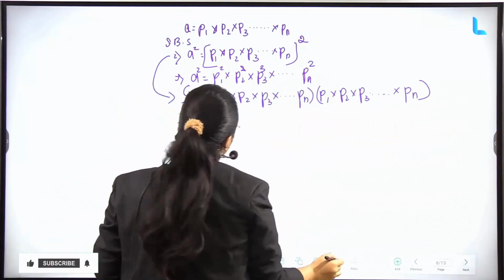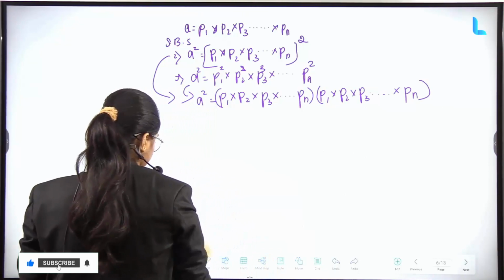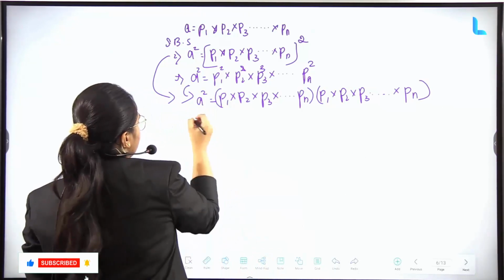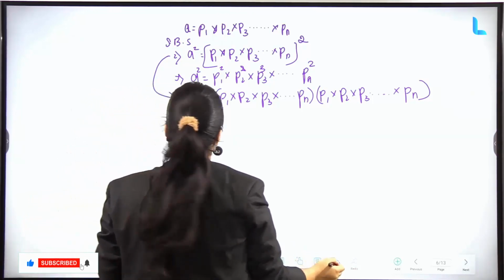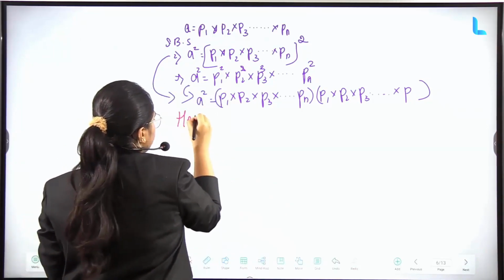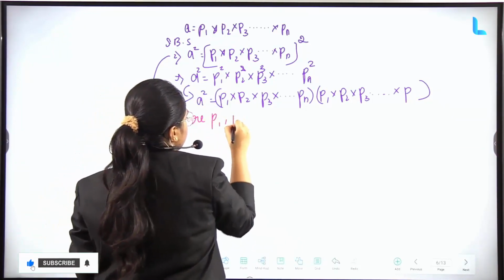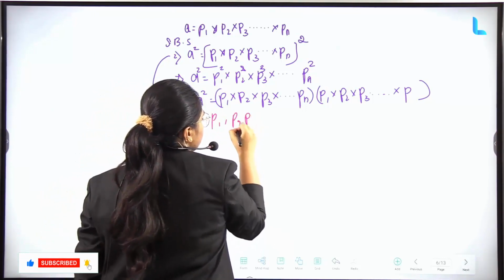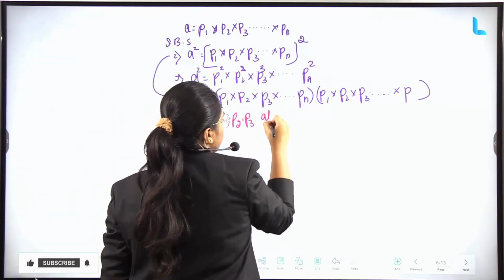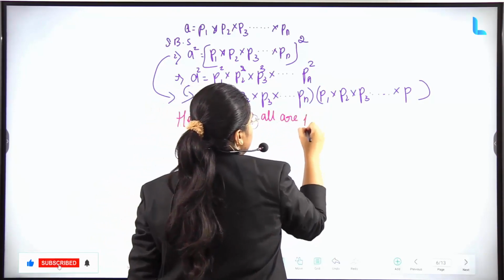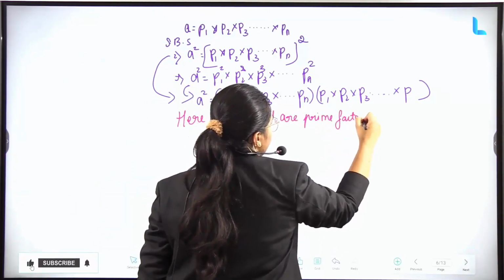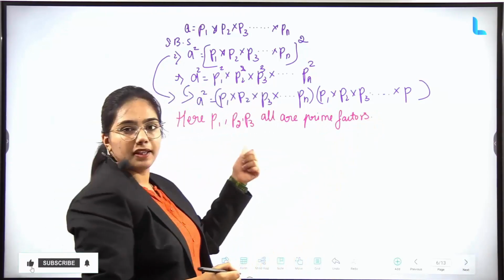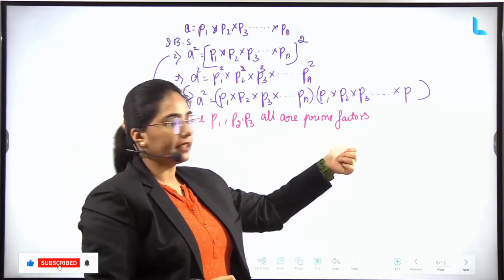Here P1, P2, P3 all are prime factors, right?